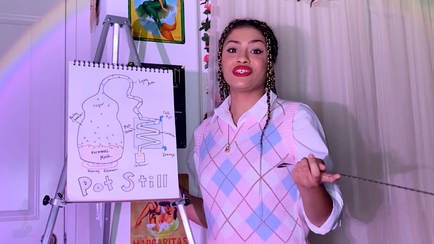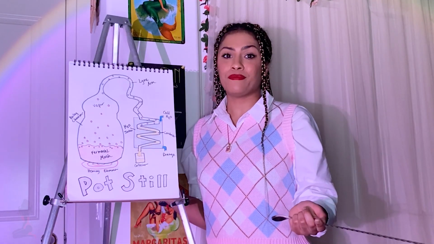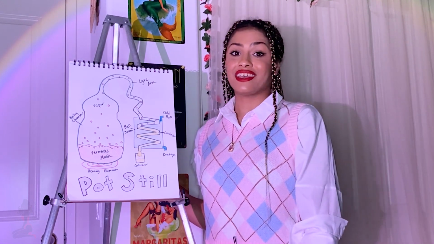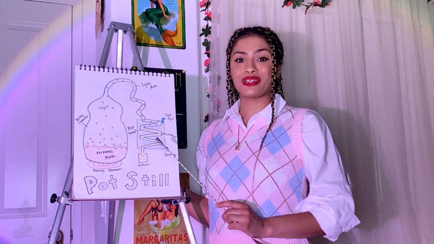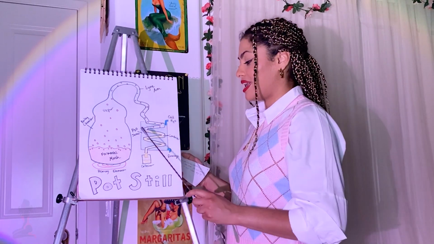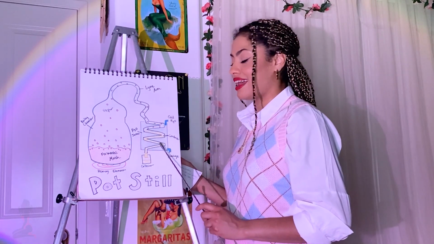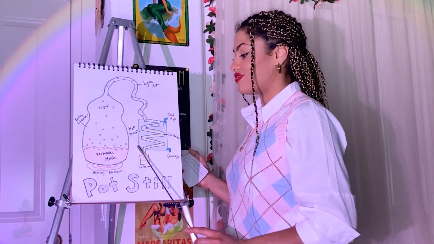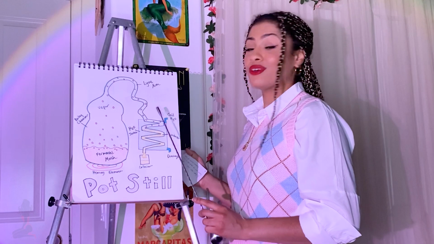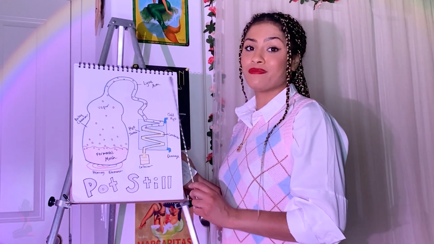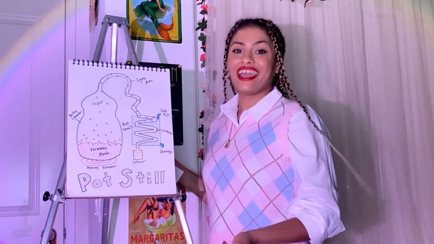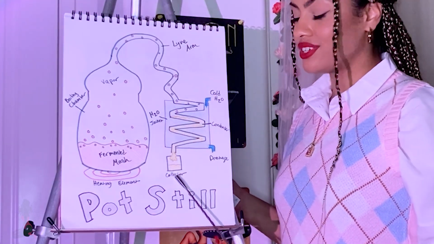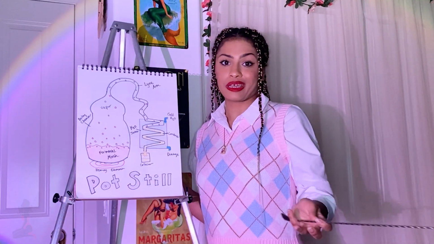If you've ever heard your science teacher basically call our esophagus and our stomach intestines a donut, this is kind of a similar way to look at it. The lyne arm and the condenser is kind of like a donut, and it's going to be covered by this vessel that's filled with cold water so that it will turn the vapor back into a liquid. And at the end of the condenser, we have a collector to collect the liquid that comes out.